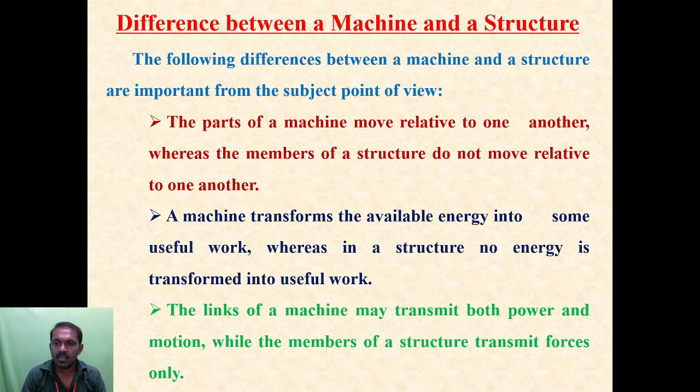Next, a machine transforms available energy into some useful work, whereas in a structure no energy is transformed into useful work. Another one, the links of a machine may transmit both power and motion, while the members of a structure transmit force only.